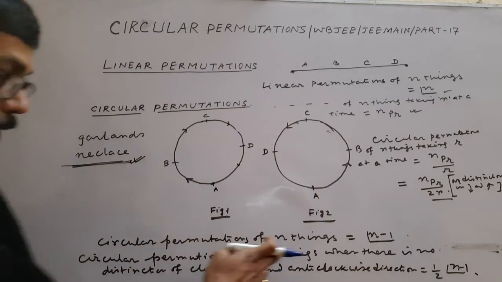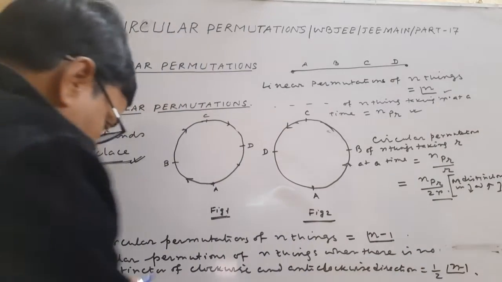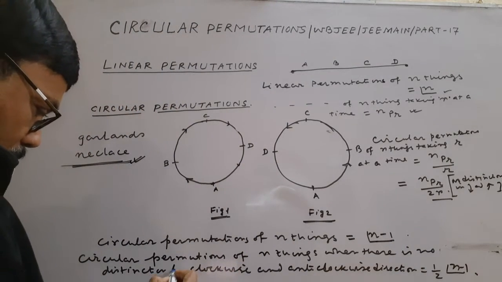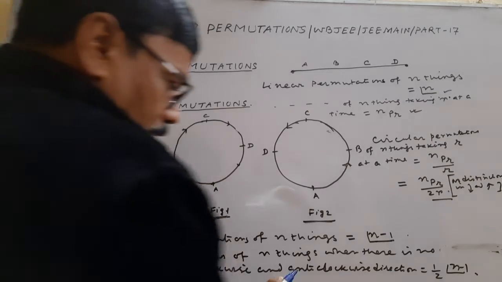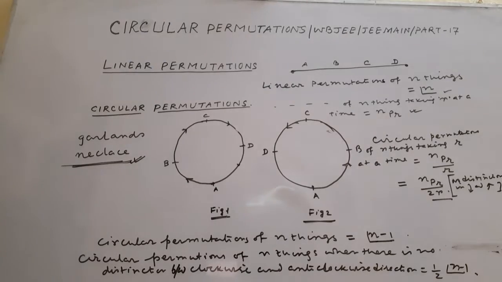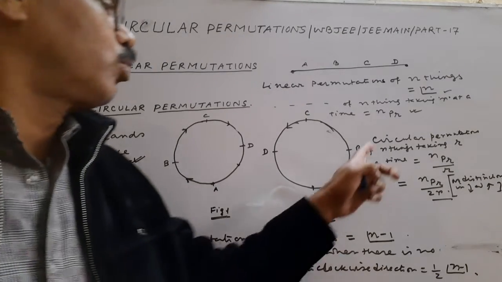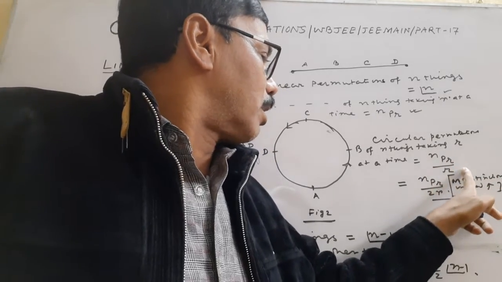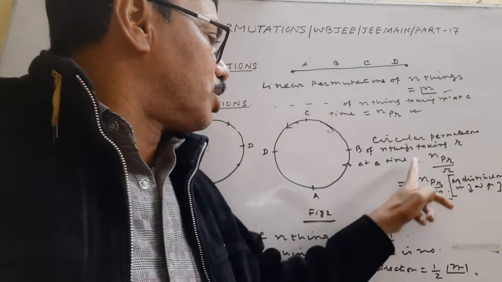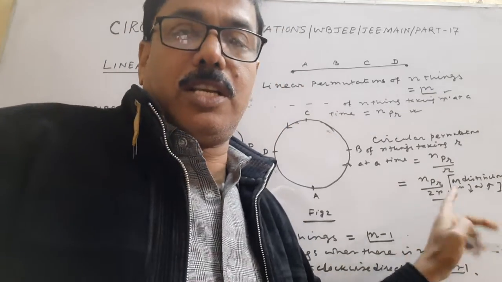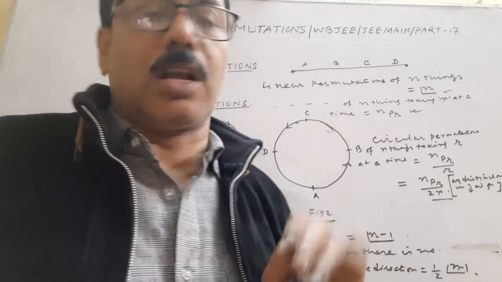Circular permutation of n things when there is no distinction between clockwise and anti-clockwise direction, half of factorial n minus 1. And circular permutation of n things taking r at a time, nPr by r. And when there is no distinction of clockwise and anti-clockwise, nPr by 2r, in case of forming beads or garlands.